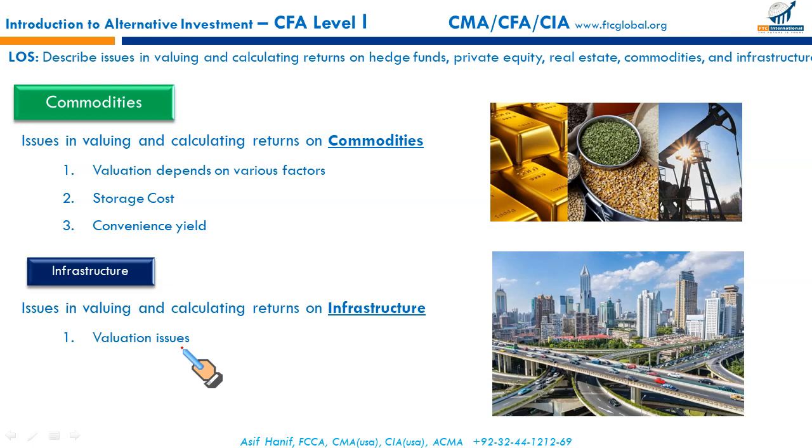Cash flows from tolls, from utility prices, and since the cash flows are pretty stable for infrastructure projects, returns are often reliable, but heavy regulations on profits and services under the law can hurt, it can put the business in trouble.